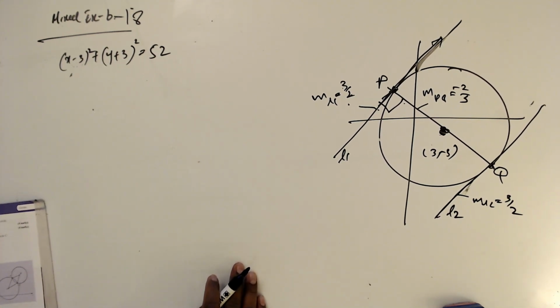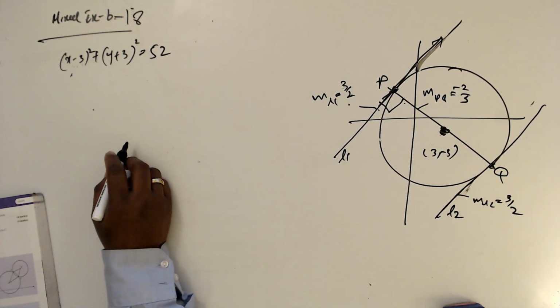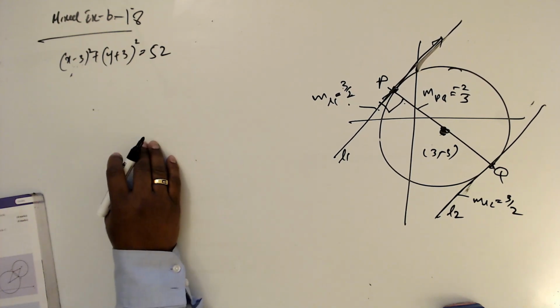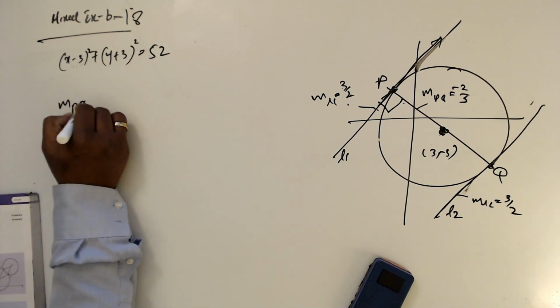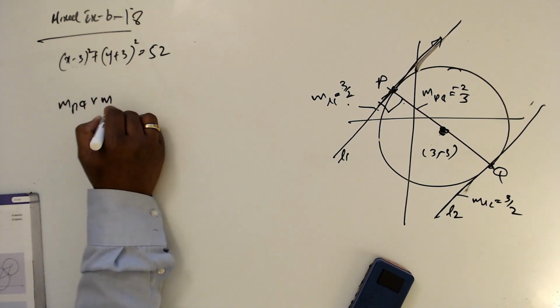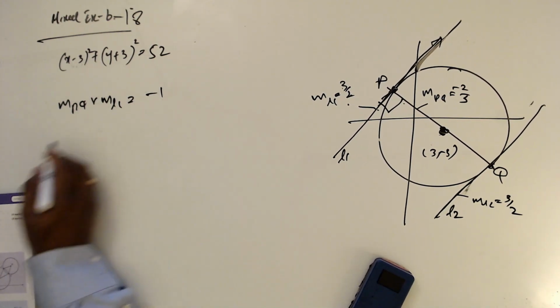Now assume the PQ equation. The gradient of PQ times the gradient of L1 equals minus 1.